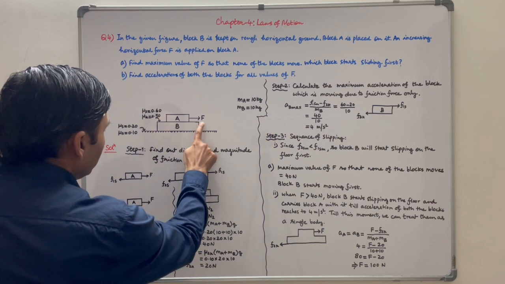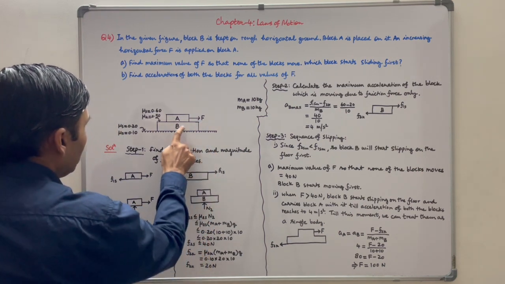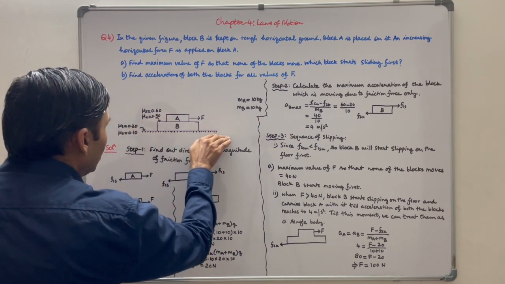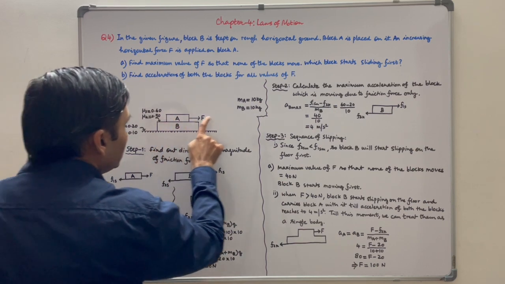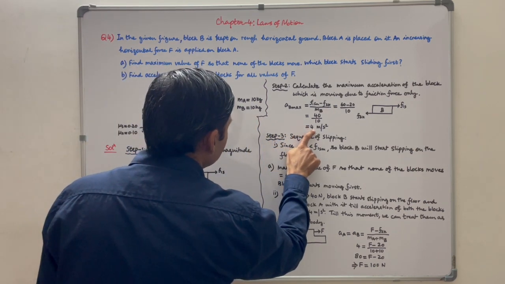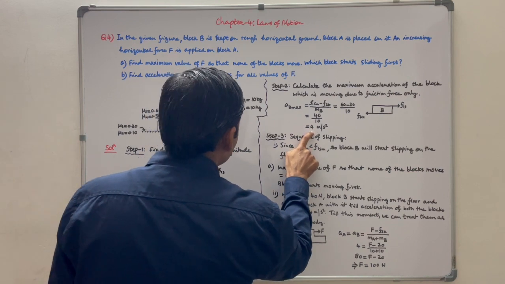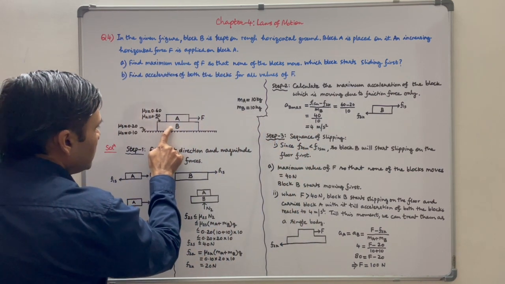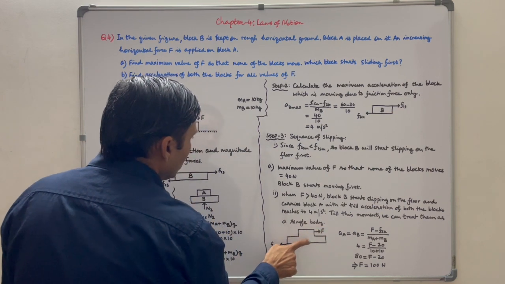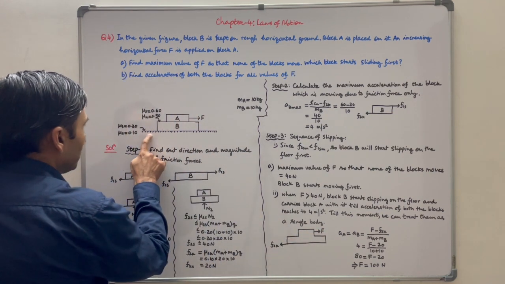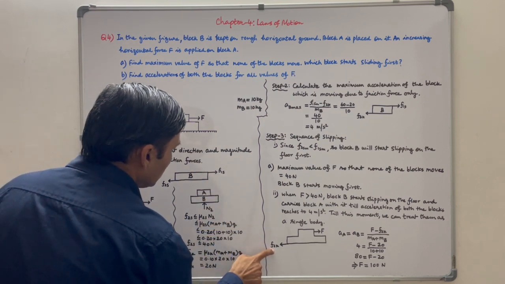When the value of F is more than 40 Newton, block B starts slipping on the floor, taking block A along with it, till their acceleration reaches 4 meter per second square. Till that point of time, we can treat them as a single body on which external force F is applied. On its bottom surface, the floor is applying kinetic friction F2k.